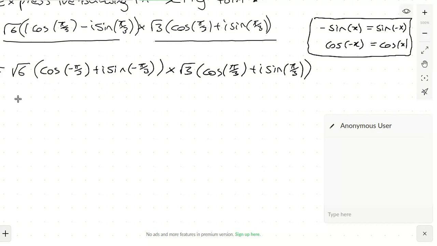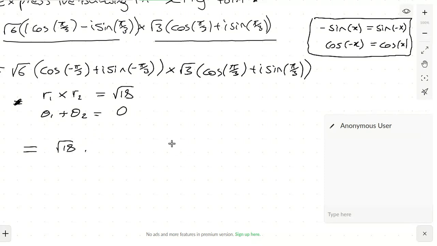And so what I can do now is simply multiply the moduli, R1 times R2, which is root 18, and sum the arguments, theta 1 plus theta 2, which is going to be 0. So I can tell you straight away that the answer is going to be root 18.